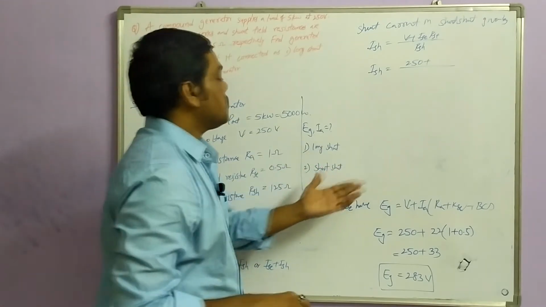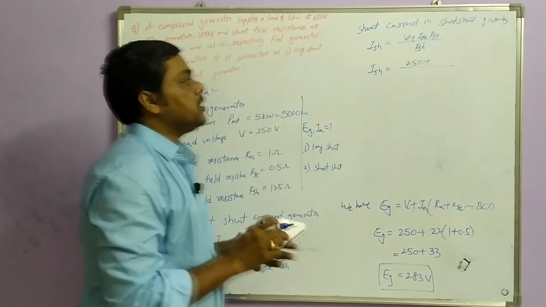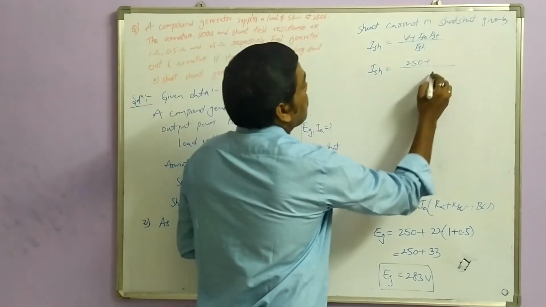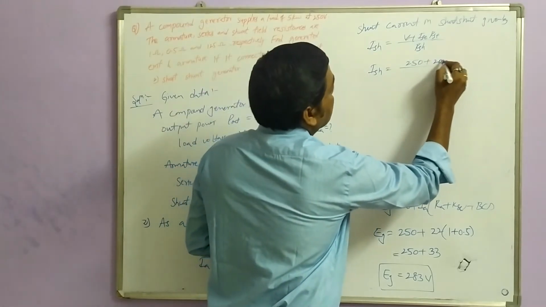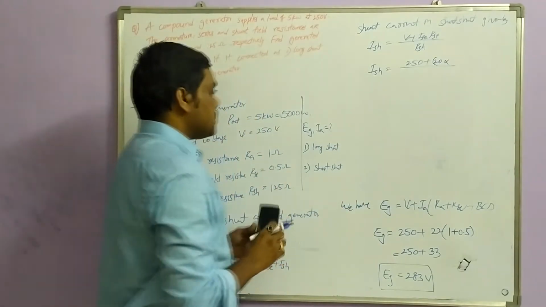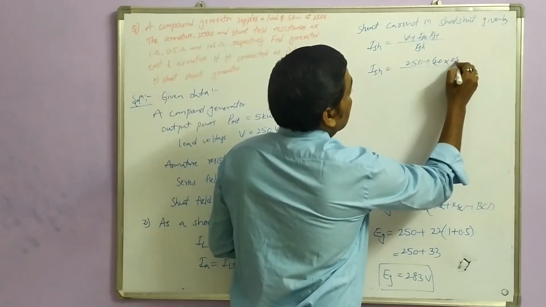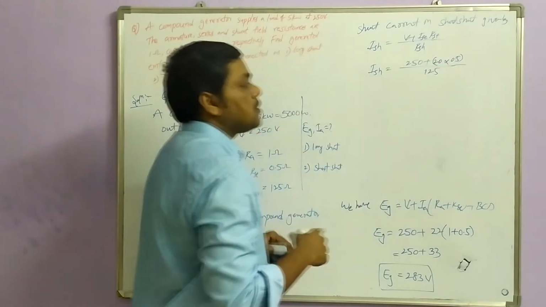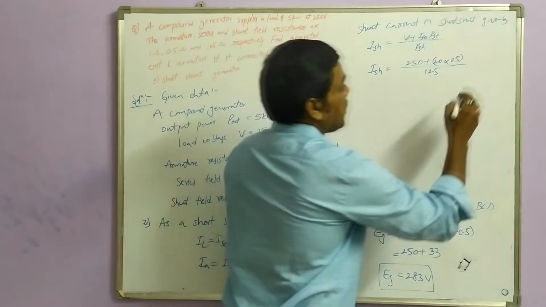The load current is similar to the previous case we determined, which is equal to 20 amperes, multiplied by the series resistance, 0.5 ohms, divided by the shunt resistance, 125.